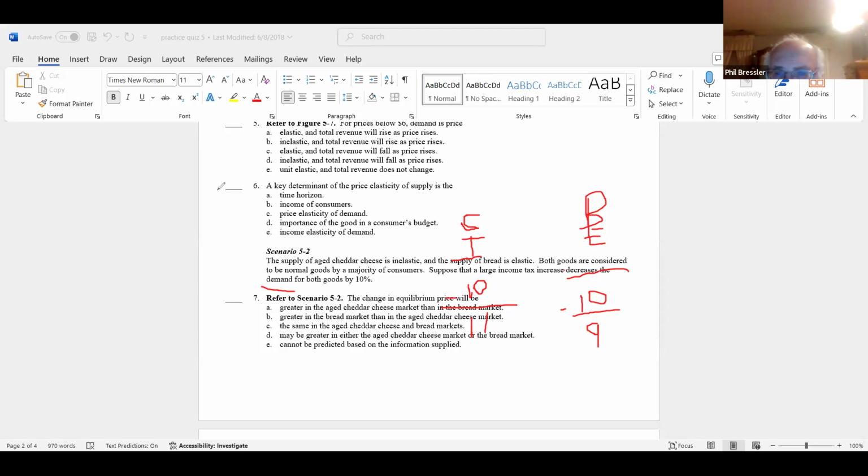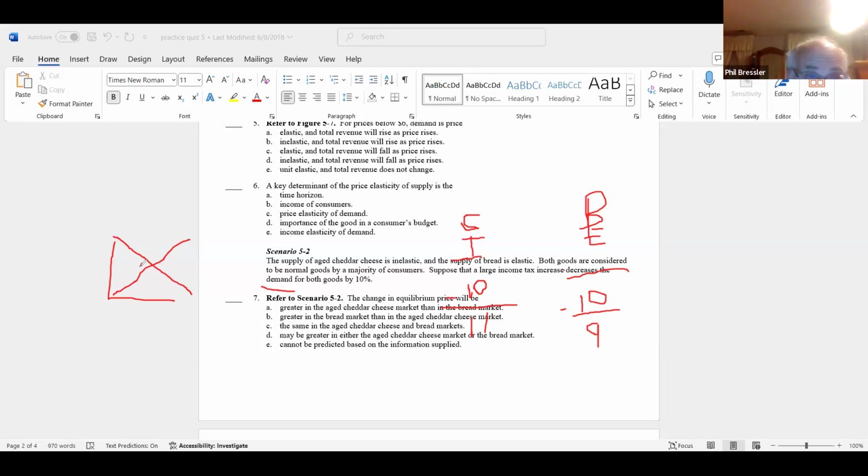Dave, the question isn't about supply, it's about demand. No, okay. I'll say it again. Let me actually graph it. So if I was doing the cheddar, even though they say the supply is inelastic and demand is elastic, what's going to happen? It's a decrease in the demand for both goods.